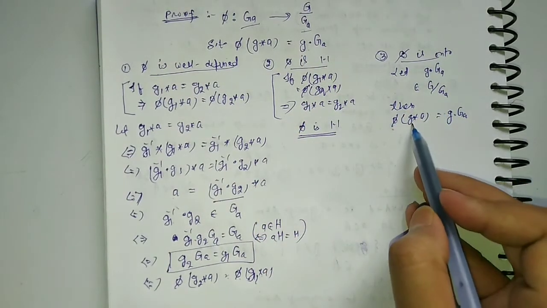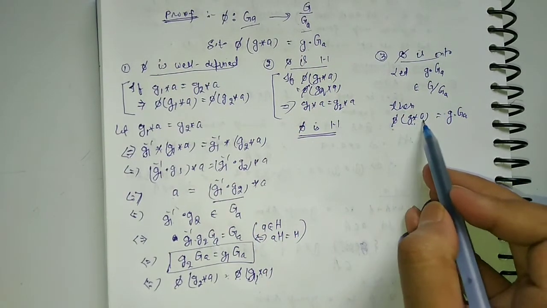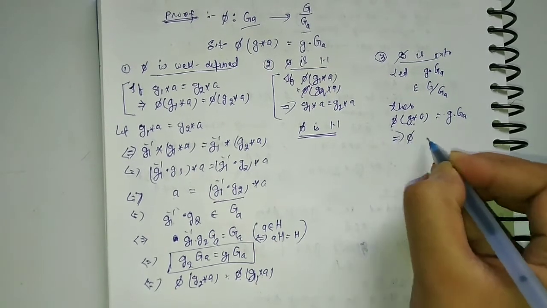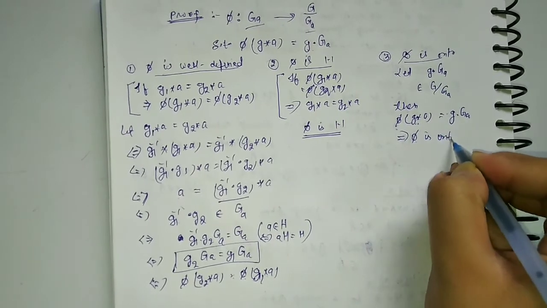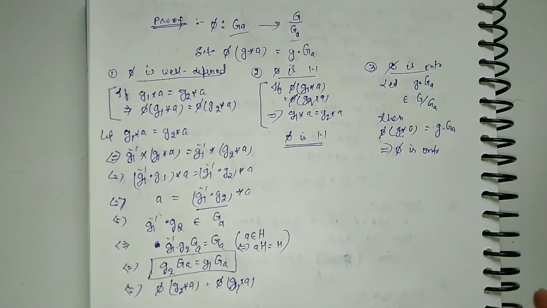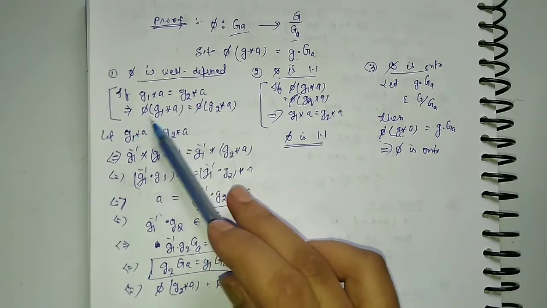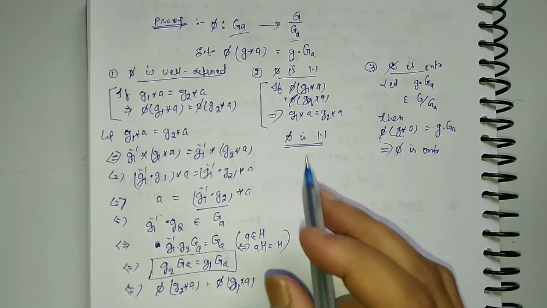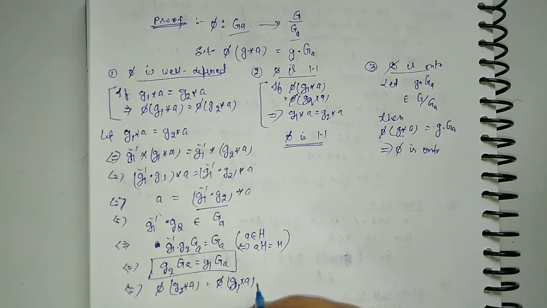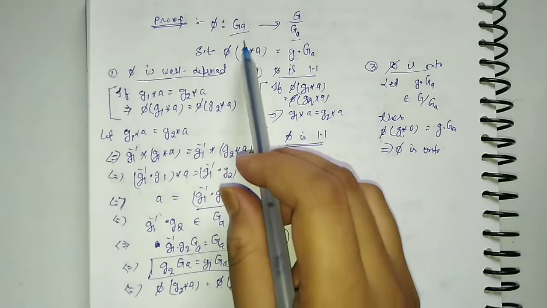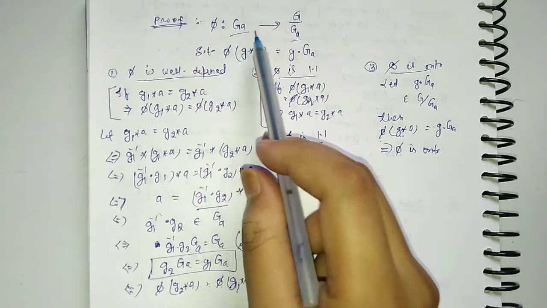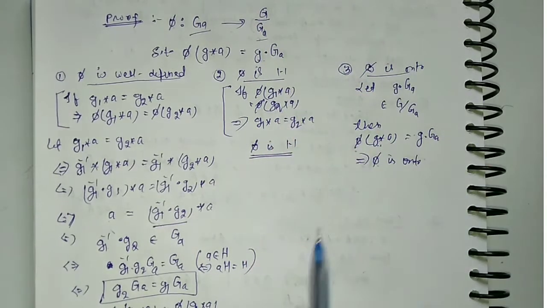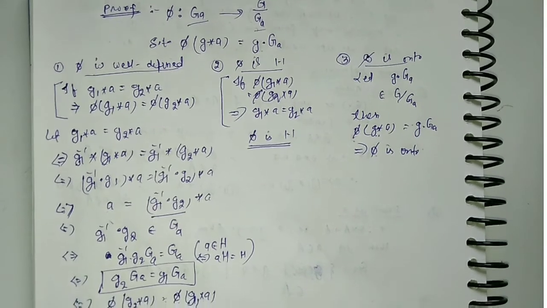So we got the pre-image g star a for this element. So we can easily imply that our function phi is onto. So we have proved that this function phi is well defined, one-one and onto. So this is a bijection map. So in this way we have proved that there exists a bijection from the orbit of a to the set of all the left cosets of the stabilizer of a in G. So we have proved our theorem.